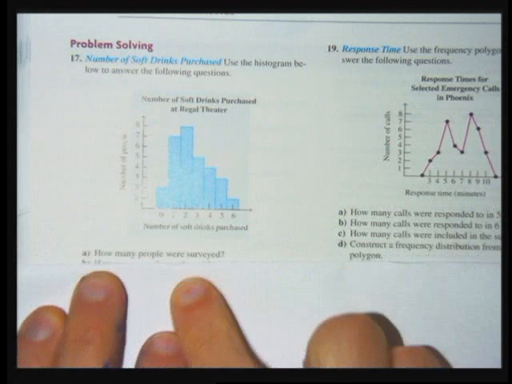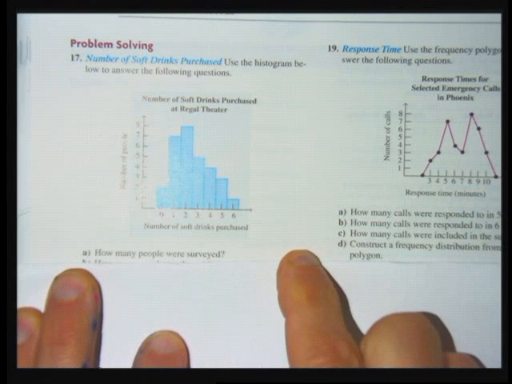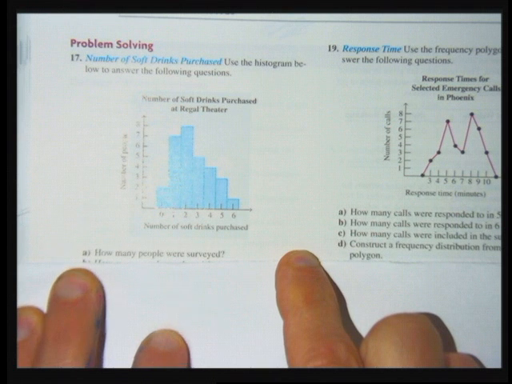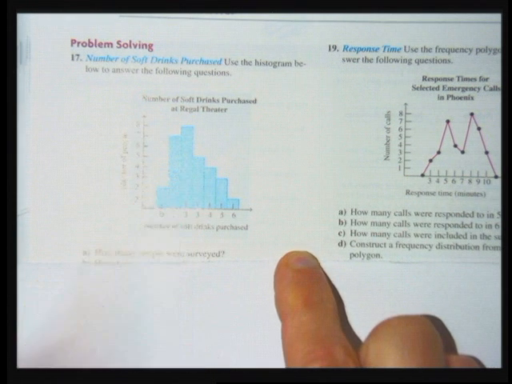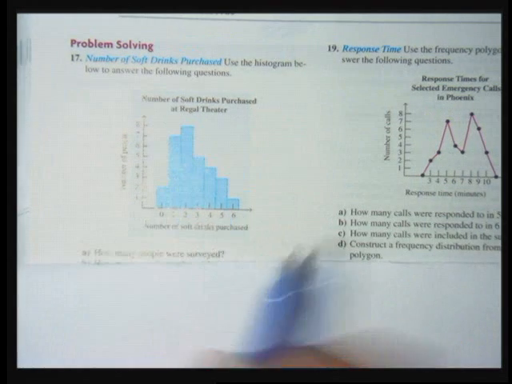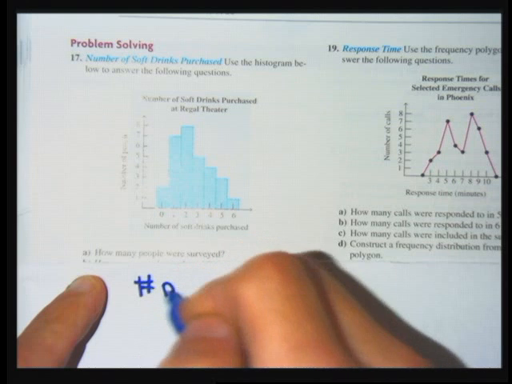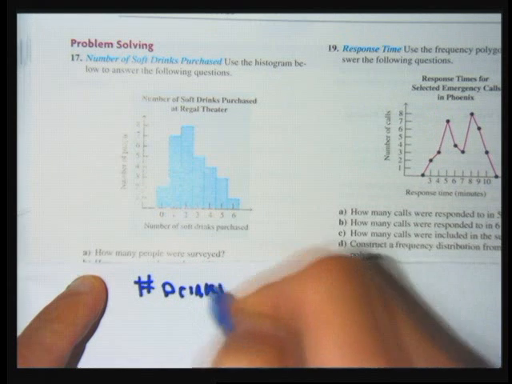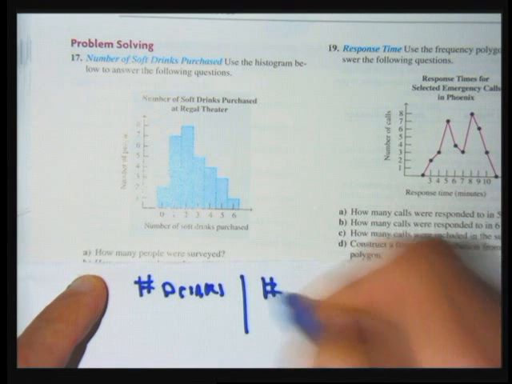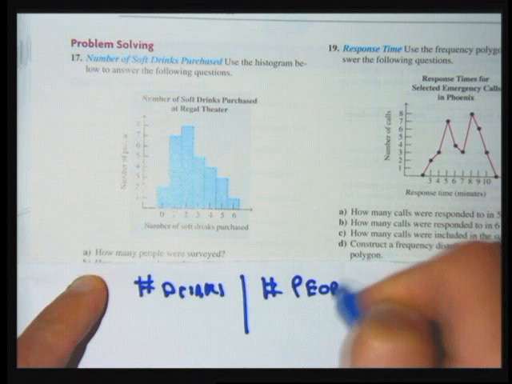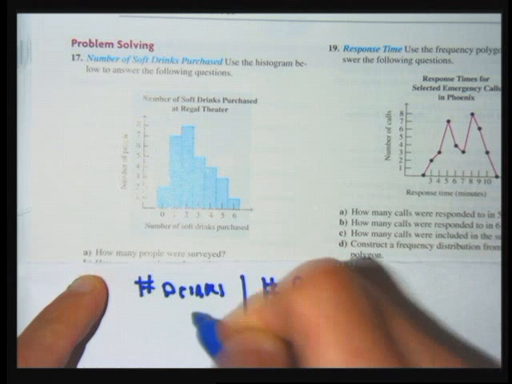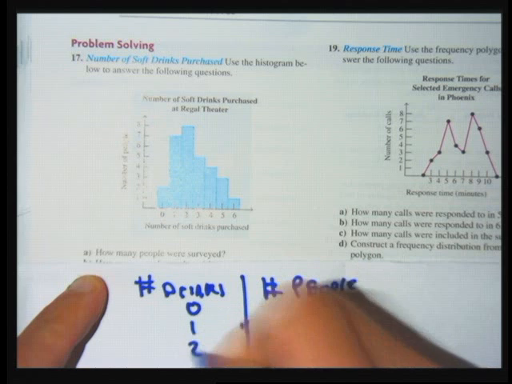Question A asks how many people were surveyed. To figure that out, I have to find how many people bought each number of drinks. We have a number of drinks and a number of people, anywhere between 0 and 6 drinks.